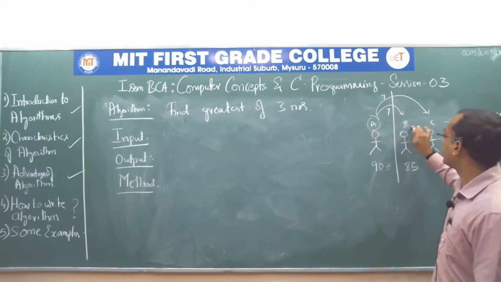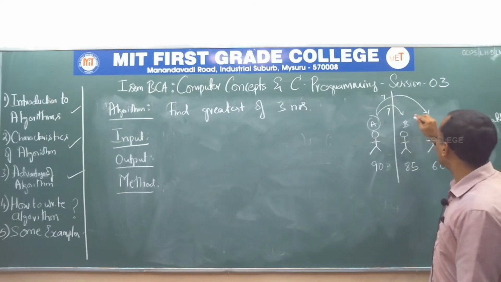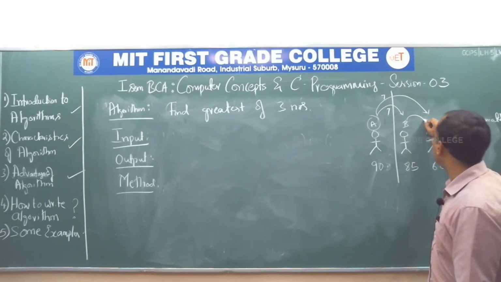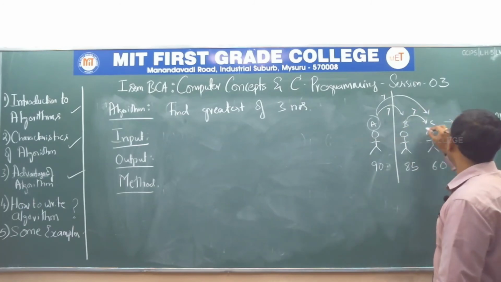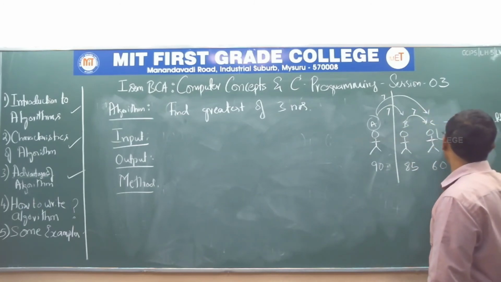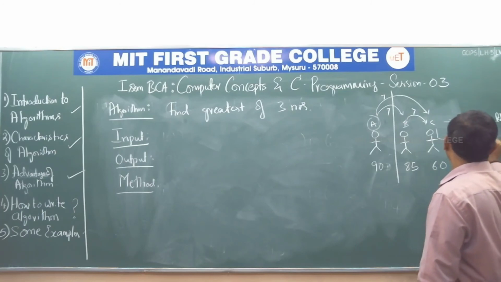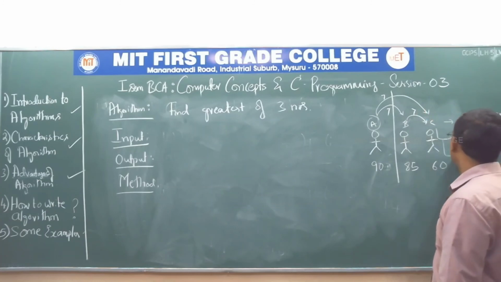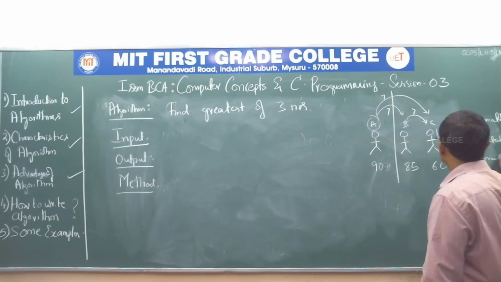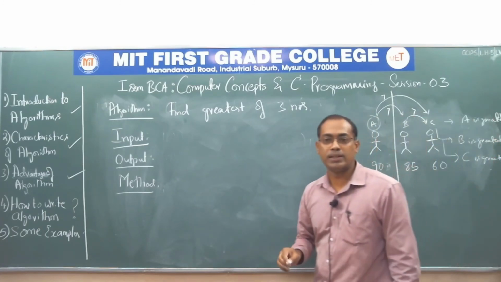Then we are left with only B and C. Now we need to check only B and C. Is B greater than C? If it is true, then B is greatest. If this also fails, then the last number, C, is greatest. I hope you have understood this example.